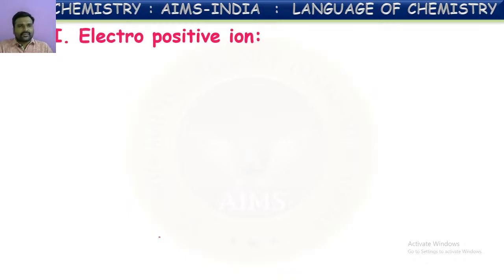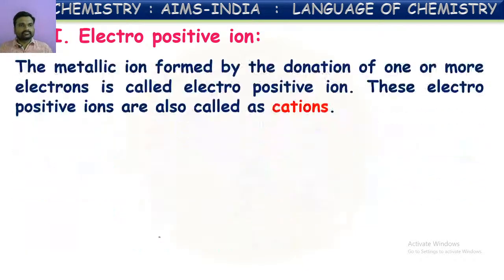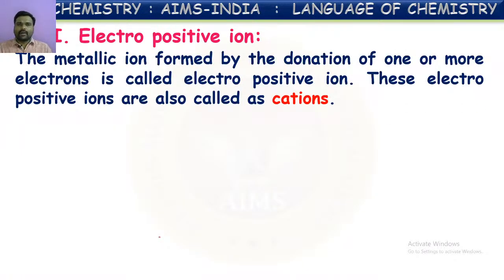Next, let us see different kinds of ions. One of them is electropositive ions. The metallic ions formed by the donation of one or more electrons are called electropositive ions. These might be formed by losing one electron or more than one electron. All ions formed by the loss of electrons are called electropositive ions.